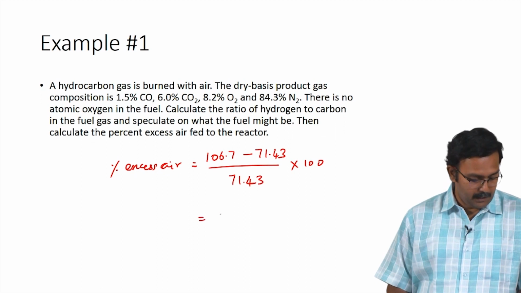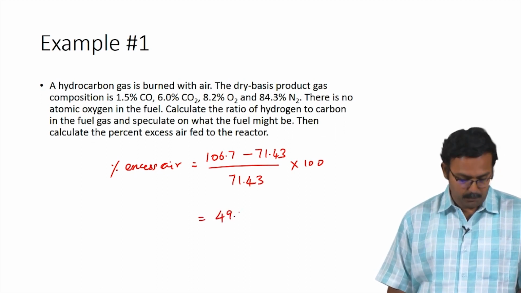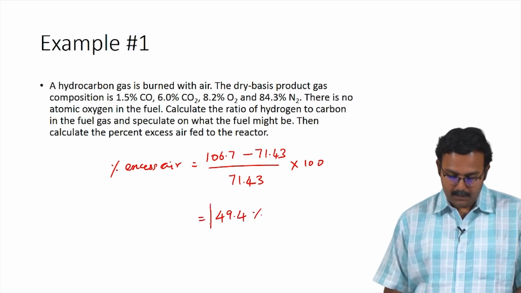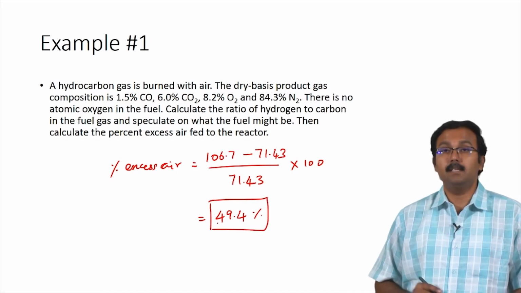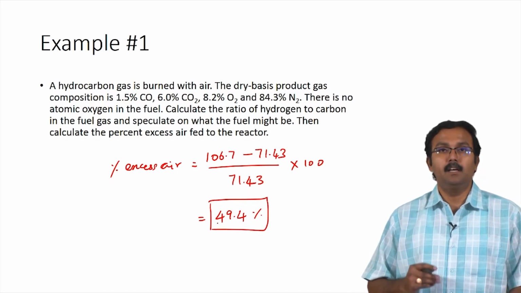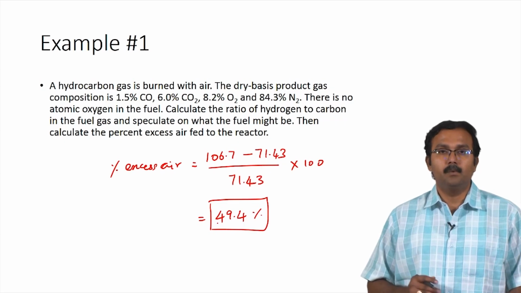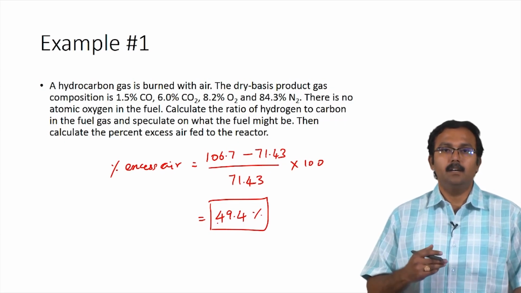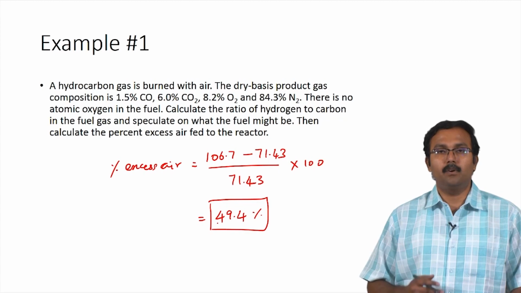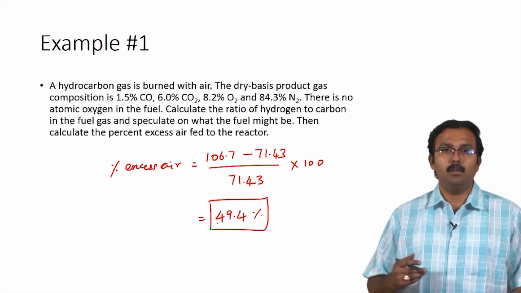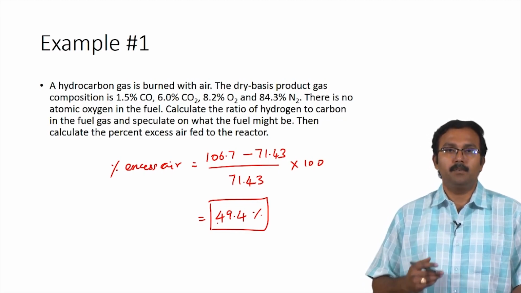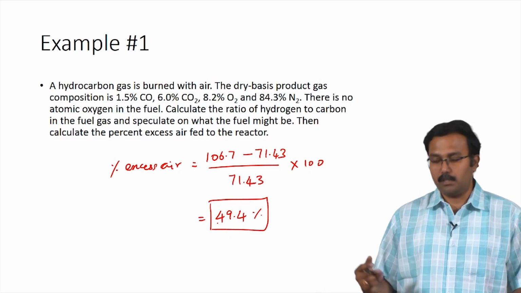This gives us the percentage excess as 49.4%. So, 49.4% excess air has been supplied for this reaction. So, with this we have calculated all the values that have been requested in the problem. Let us move on to the next problem and perform material balances for a new system.